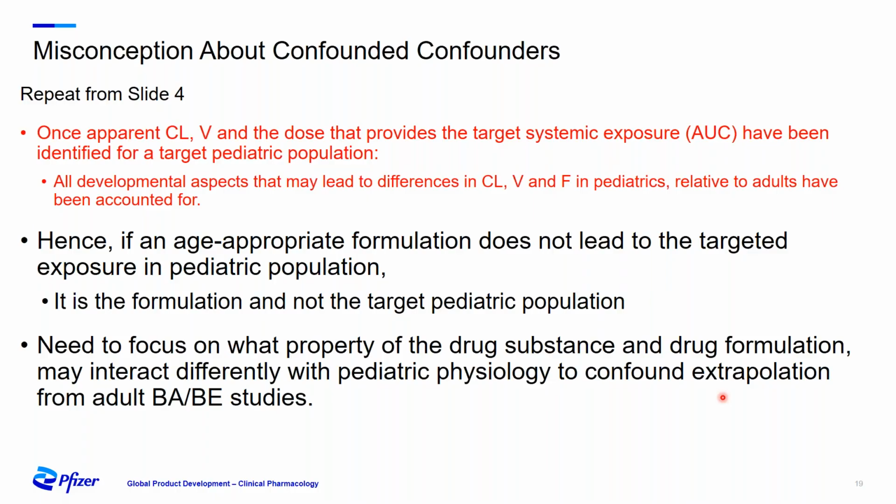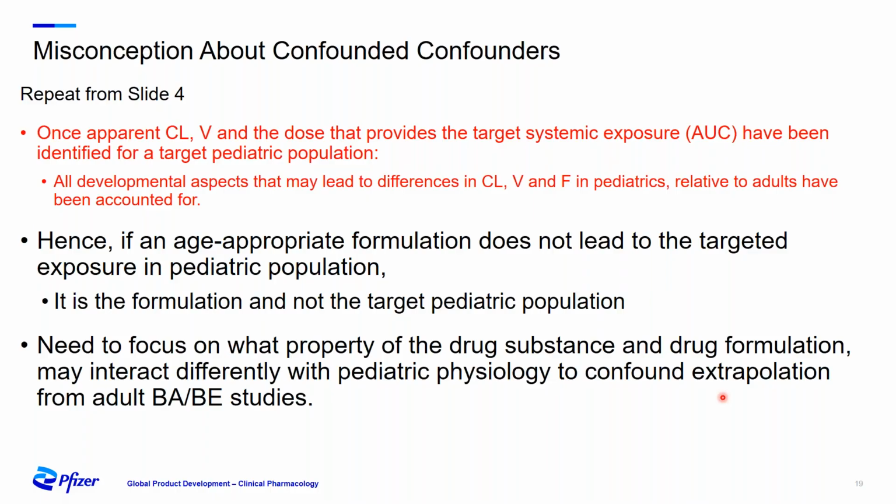This is the thing we need to recognize and focus on as we understand our risks of the formulation that we are introducing and the clinical studies that we are conducting. Hence, we have to focus on what properties of the drug substance and drug formulation can interact differently with the pediatric physiology to confound the extrapolation from adult BA/BE studies.